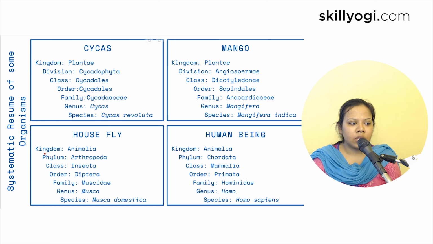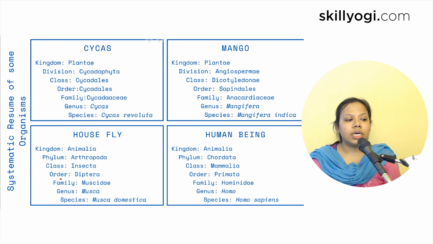Kingdom Animalia, phylum Arthropoda, class Insecta, order Diptera, family Muscidae, genus Musca, species Musca domestica.